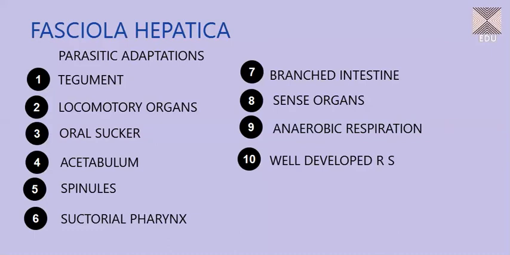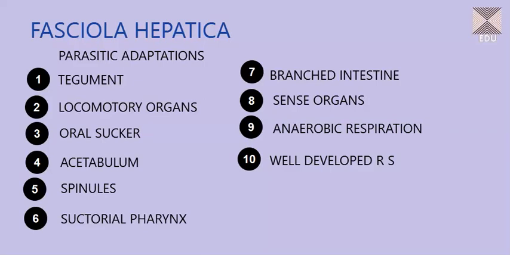Why is it making this many eggs in its life? Because there is a great mortality rate in the life cycle of Fasciola hepatica. If it is producing lakhs of eggs, only some of the eggs may find the next host and go to the next sheep.